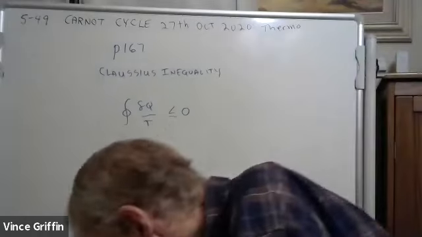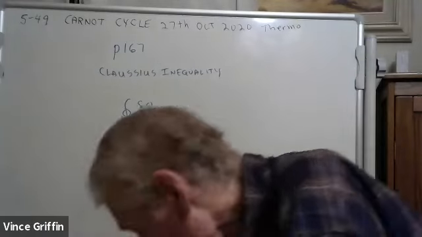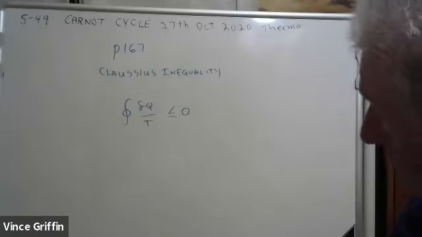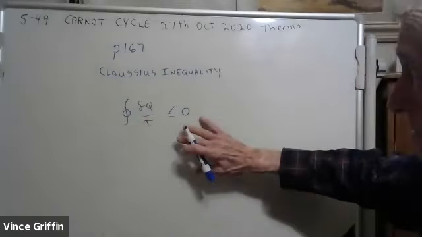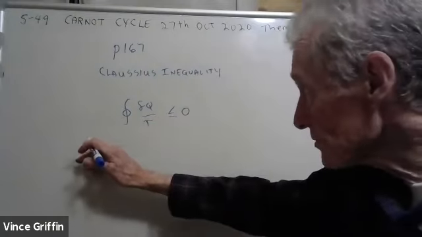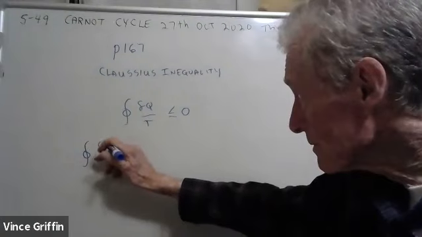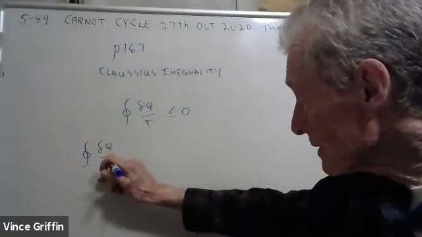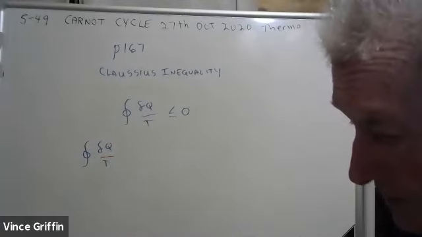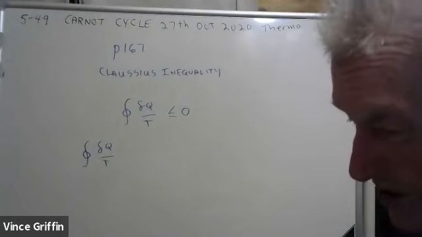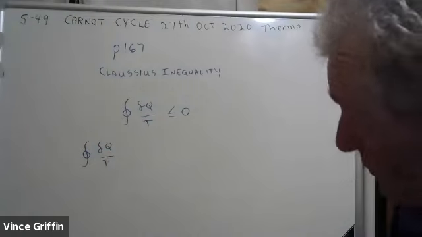I should have left all that stuff up there on our Carnot cycle. I'll demonstrate it for you. But first, we're going to break this Clausius inequality into two separate inequalities. Clausius did studies on steam engines. This was the age of steam.